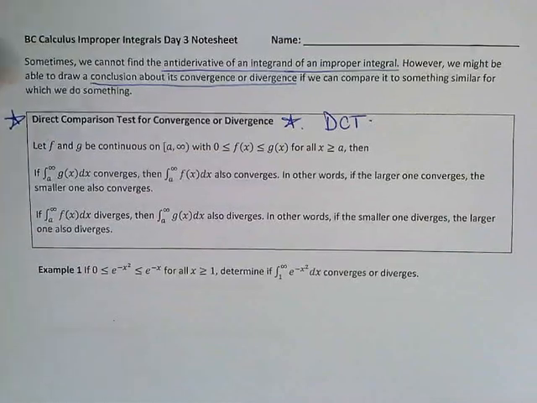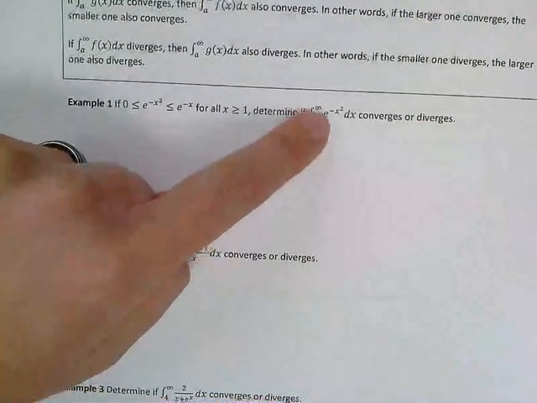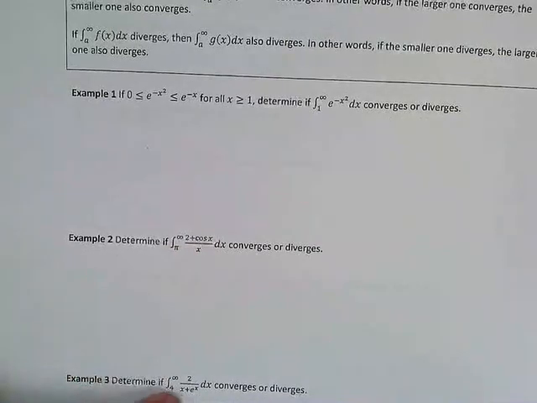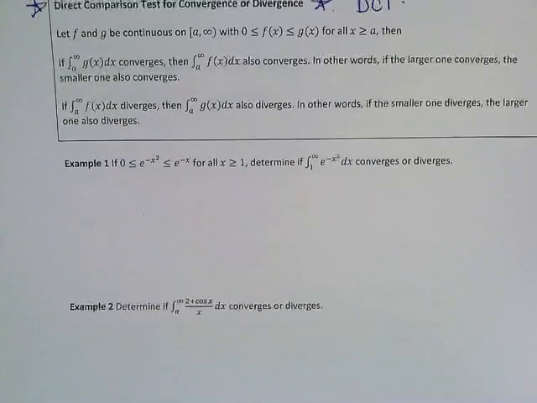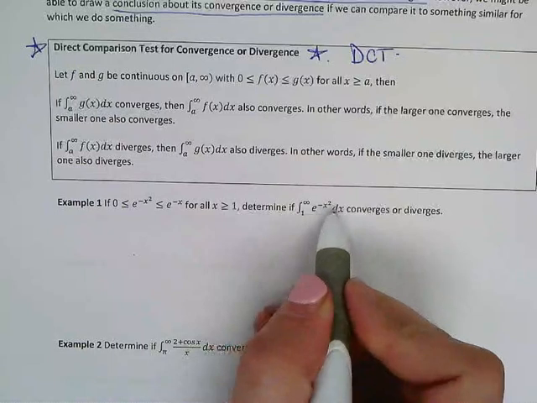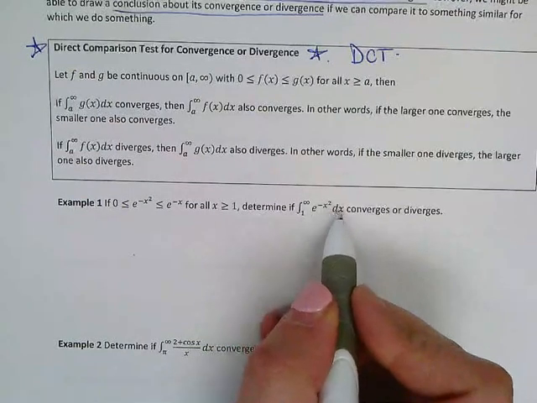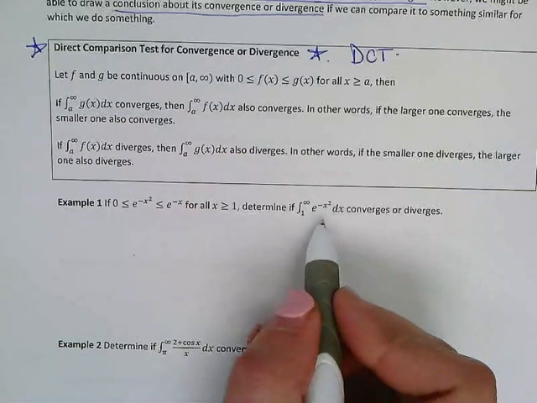Okay, so if you look at the examples that we have, these are pretty hard examples to integrate. So if I can't integrate e to the negative x squared, then maybe I can compare it to something that I do know, which is e to the negative x.